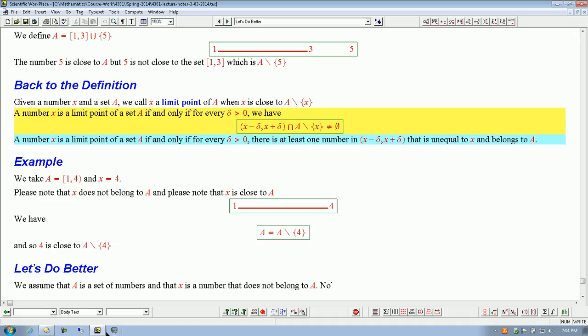Now we know A is exactly the same as A slash singleton X. Isn't that true?